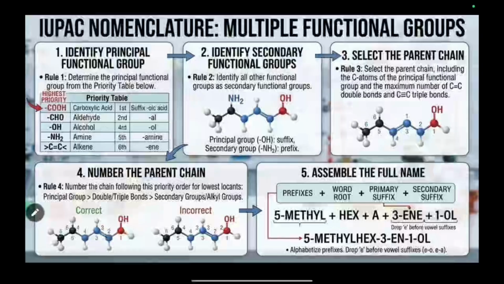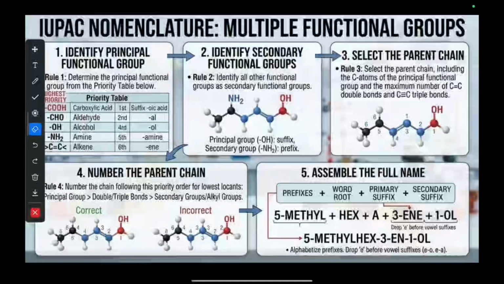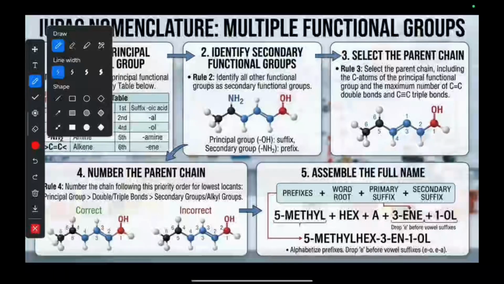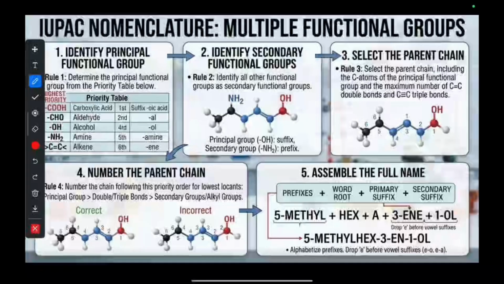Now, what is the meaning of principal functional group? Principal functional group is that which gets more priority. The functional group that lies above in the chart is called the principal functional group, and the functional group that lies below is called the secondary functional group. That means principal functional groups are those that lie above in the chart, which get higher priority.